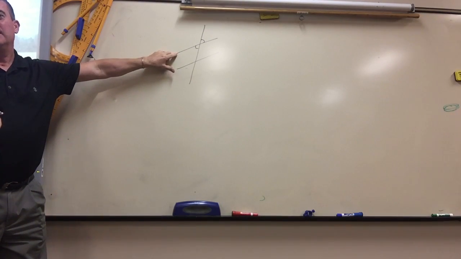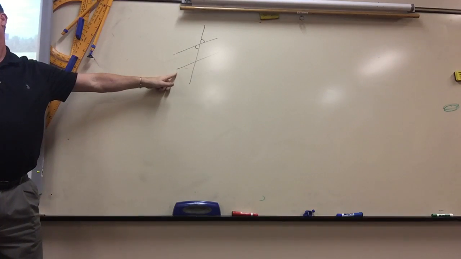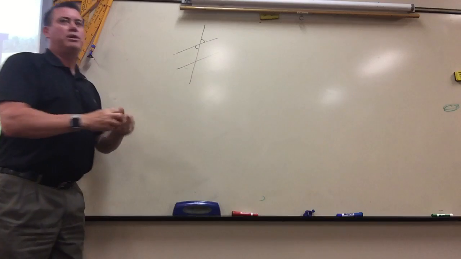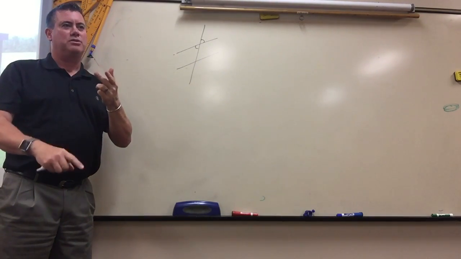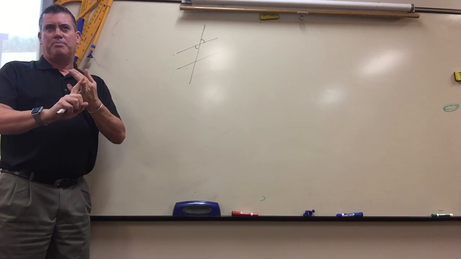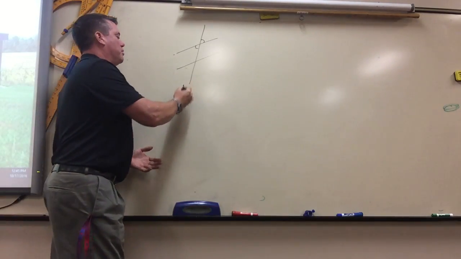The angles are vertical. So do vertical angles say that this is parallel to that? No. Vertical angles are congruent, but remember, we need to know either alternate interior are congruent, corresponding are congruent, alternate exterior are congruent, same side interior are supplementary, or perpendicular to the same line, or parallel to the same line. So this one you would just say no.